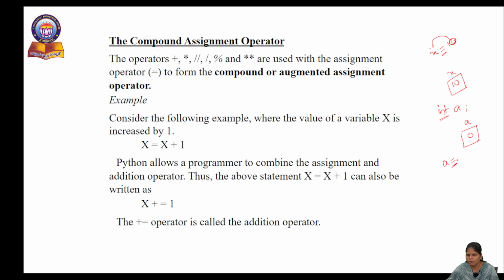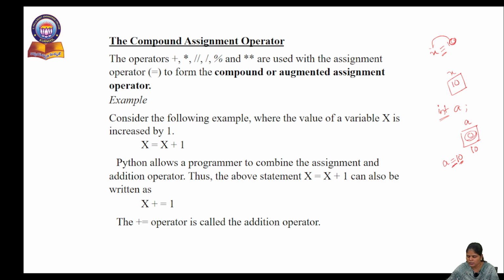This particular part we call initialization, or we can even call it assigning a value to a variable. This assignment specifies to the compiler that instead of storing some default value, you have to store this value. That means 10 will be stored in the memory place allocated for a, right? This is done by the compiler.